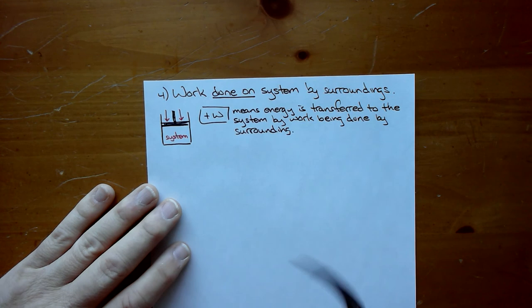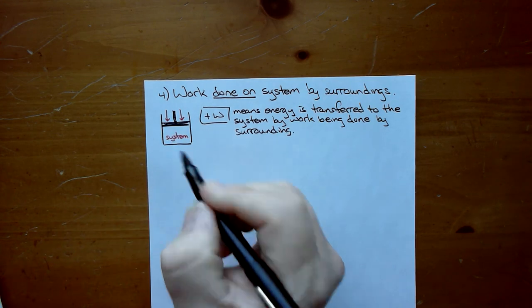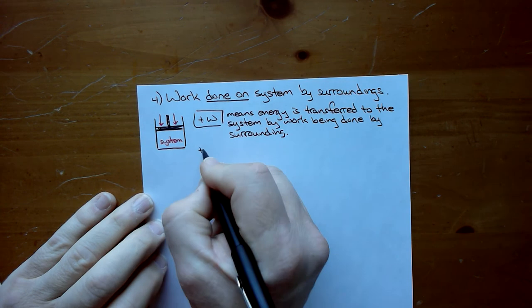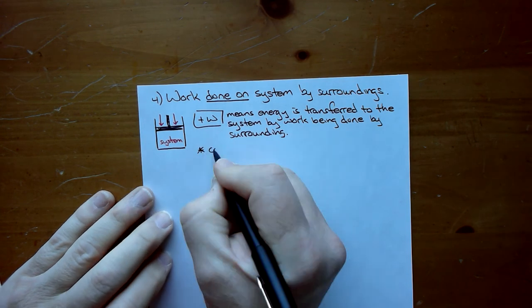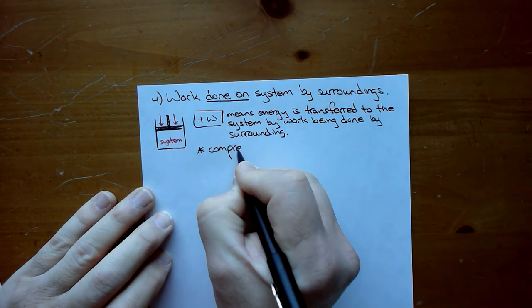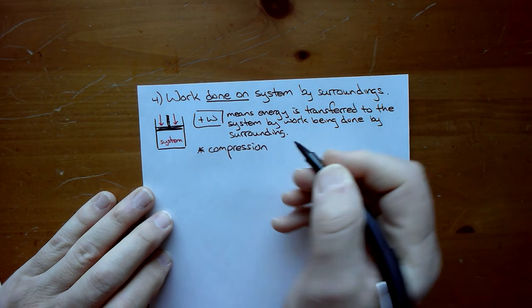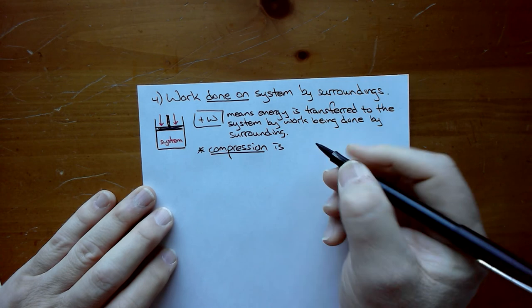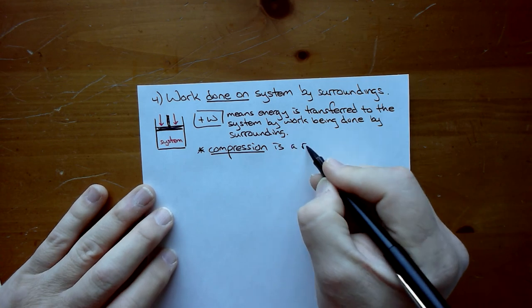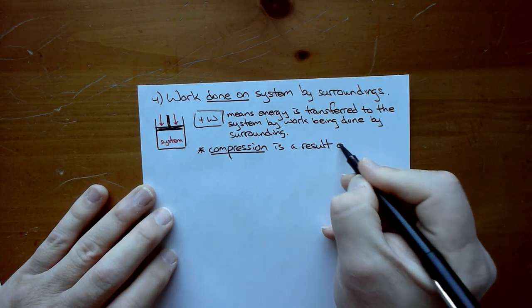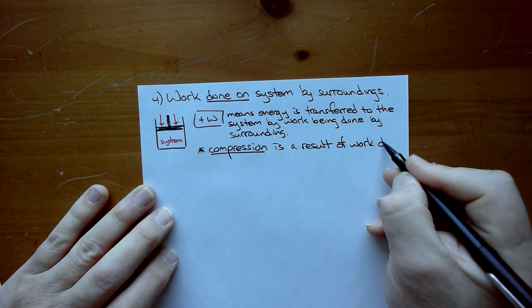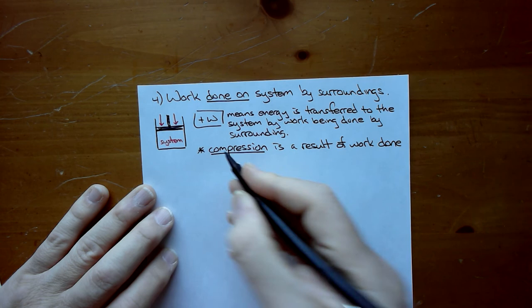Just like this, work has been done on the system, so the system gains energy. You can think of this as compression, and compression is a result of work done on system.